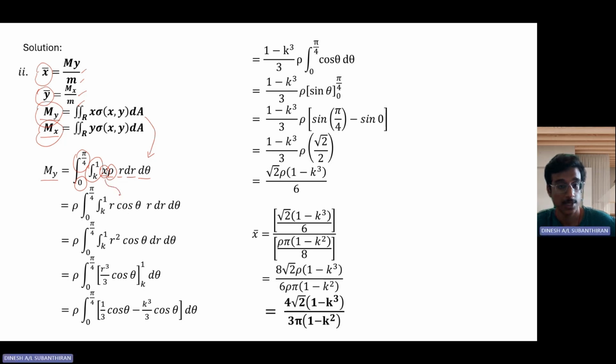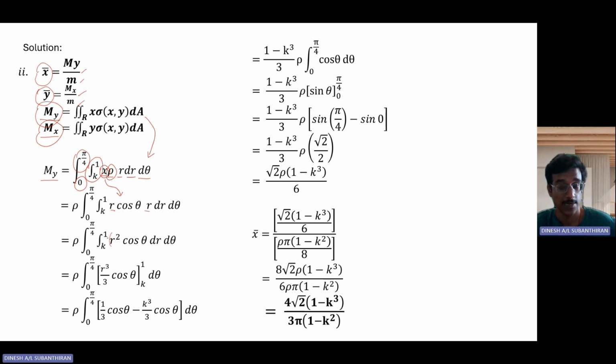Now the x will change into r cos θ, and the ρ will be taken out of the integral since it's a constant value. And now we have to multiply by this r, so we will get r² cos θ.